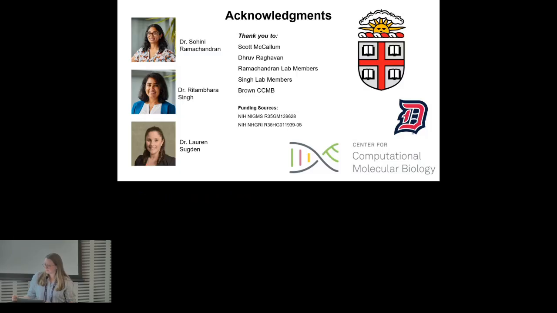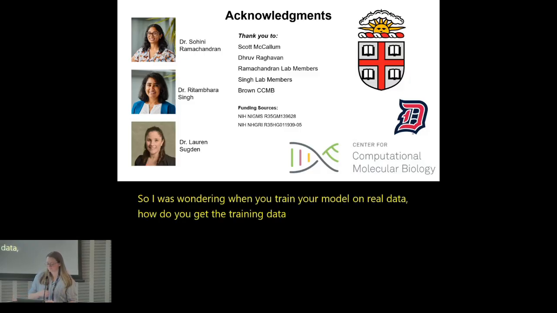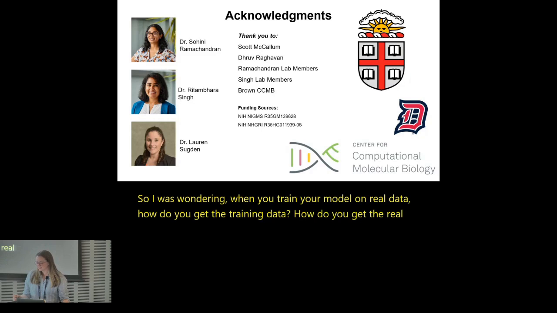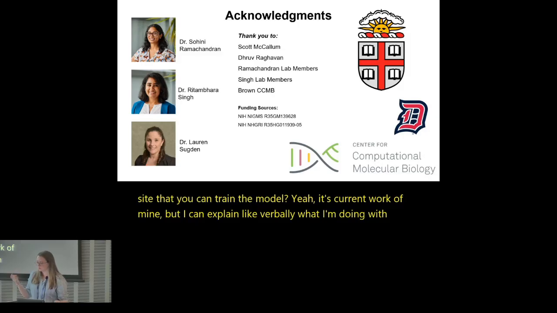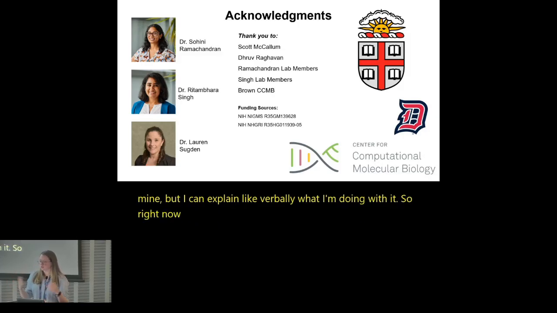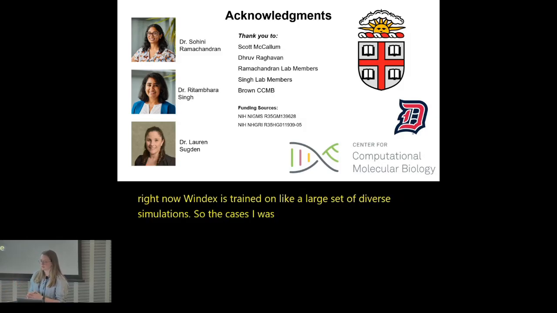When you train your model on real data, how do you get the training data? How do you get the real sites that you can train the model on? It's current work of mine, but I can explain verbally what I'm doing. Right now, WINDEX is trained on a large set of diverse simulations. The cases I was showing were for one parameter space of those simulations.